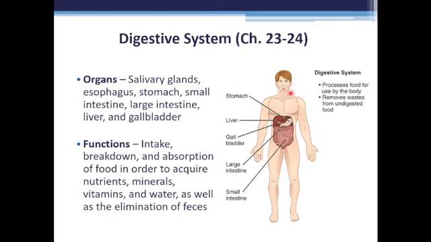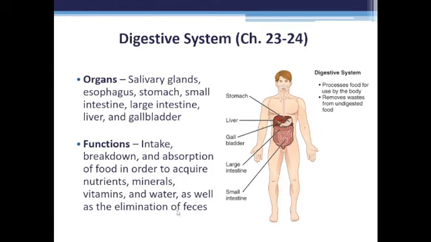We also have the esophagus, stomach, small intestine, large intestine, liver, gallbladder, and so on. Its functions are intake of food, absorption of nutrients, minerals, vitamins, and water, as well as the elimination of feces. When you eat, food goes through this system and goes out as poop, or feces rather.